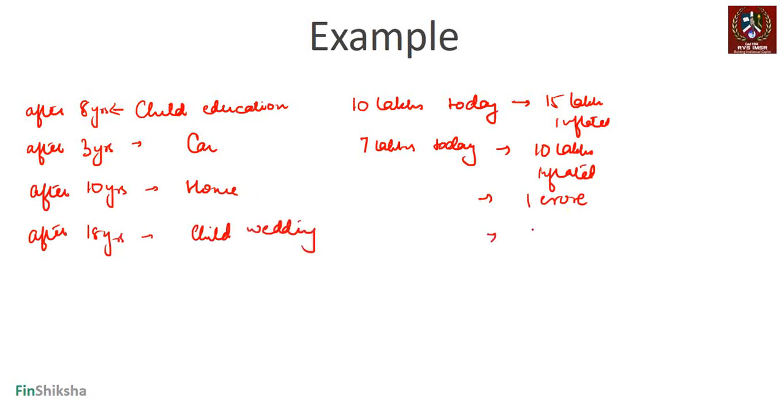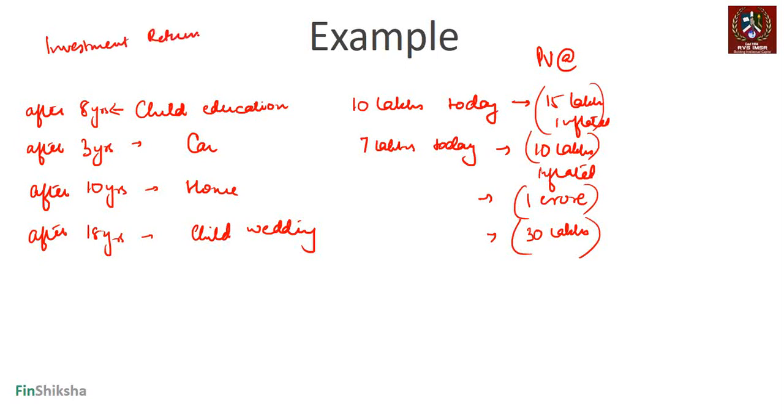And that expense is, let's say, an inflated value about 30 lakhs, right? Now what we do is we take all these and we find the present value of all these inflated values. We find the present value at the investment return rate. So if we assume that the investment return is 8%, we will find the present value at 8% of all these.